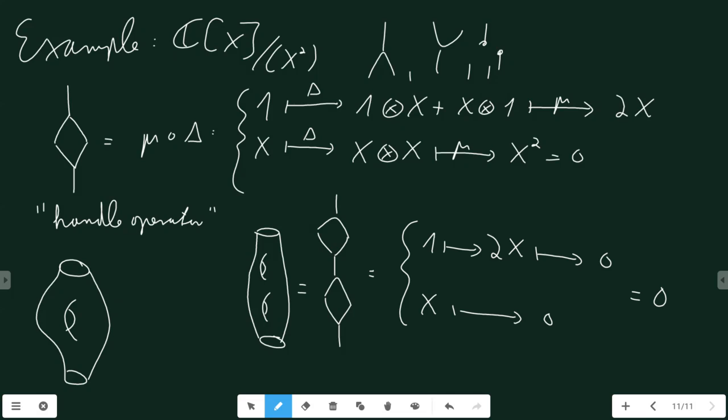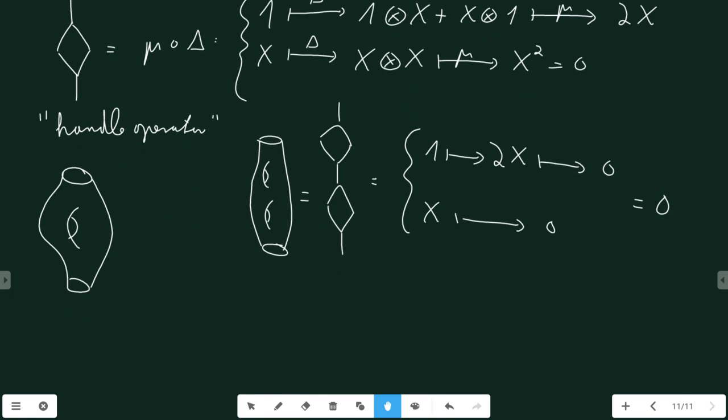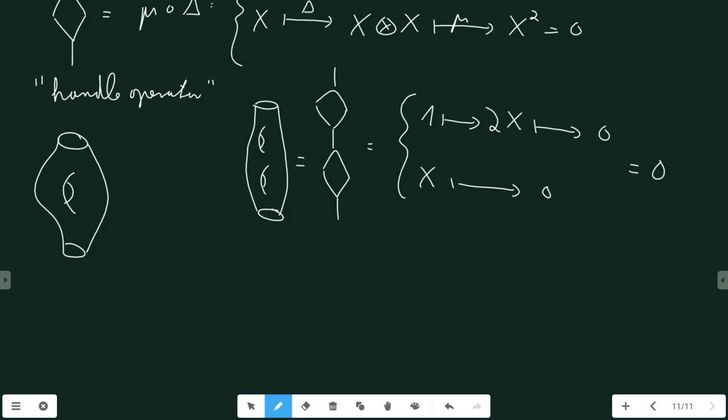Good. And why is this nice? Well, let me do one more calculation. Just this one. So this is a map that sends 1 to 1 tensor x plus x tensor 1. And then sends it further to 0.